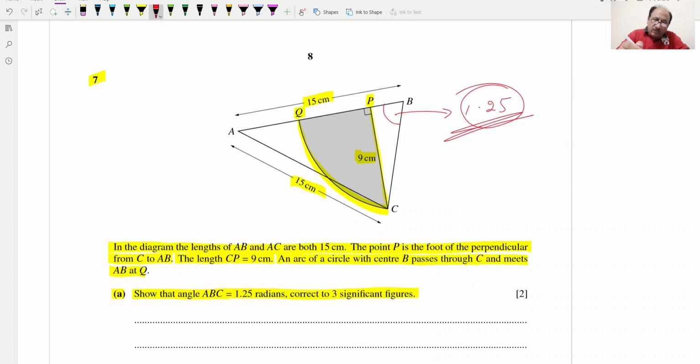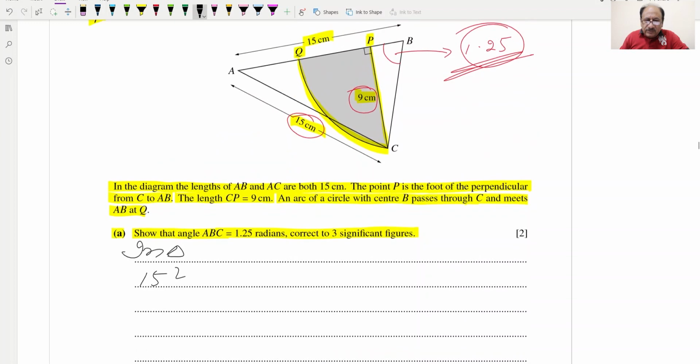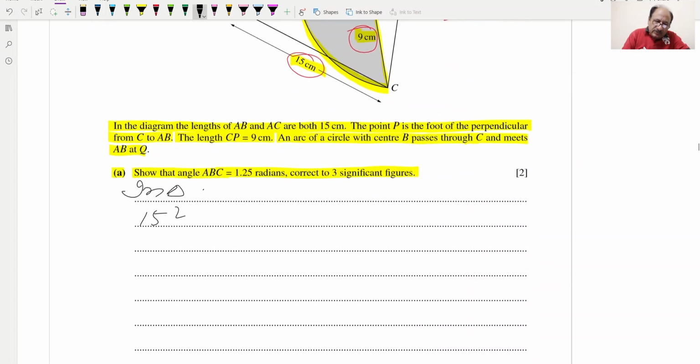First of all, we will consider triangle APC, which is a right angle triangle, and we have two sides. We can find the AP side by Pythagoras theorem. We can write the longest side squared, which is 15 squared, in triangle APC: 15 squared is equal to 9 squared plus AP squared.